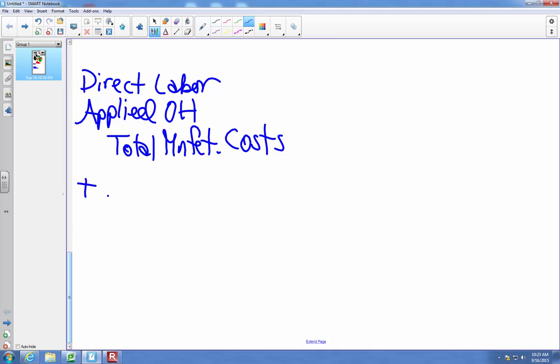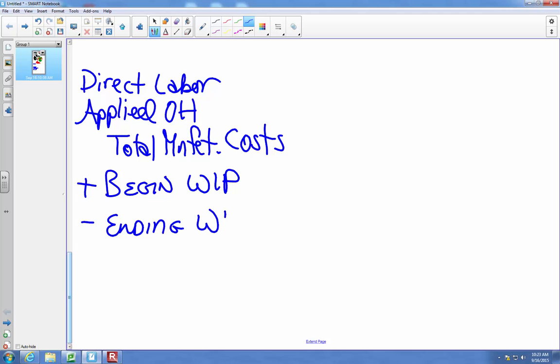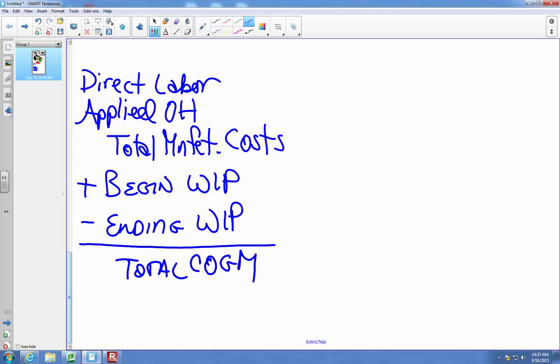So plus beginning work in process minus ending work in process. And now we've got total cost of goods manufactured.